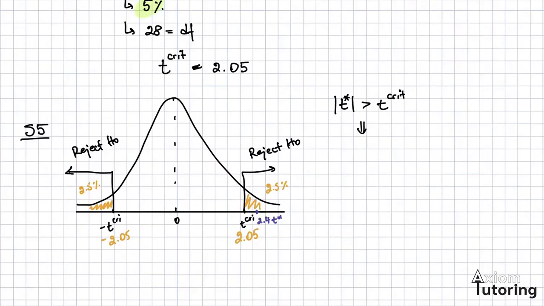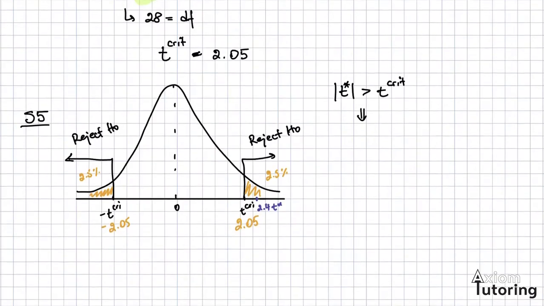So what happens here? We reject the null hypothesis. The estimate is outside the acceptance region.